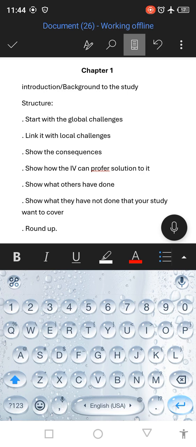The next one is you are going to link the global challenges with the local challenges. Anything that happens, let me say, anything that has to do with the economy, didn't just start with a local challenge. It often begins with global challenges. For instance, let's take a look at the year of COVID-19.